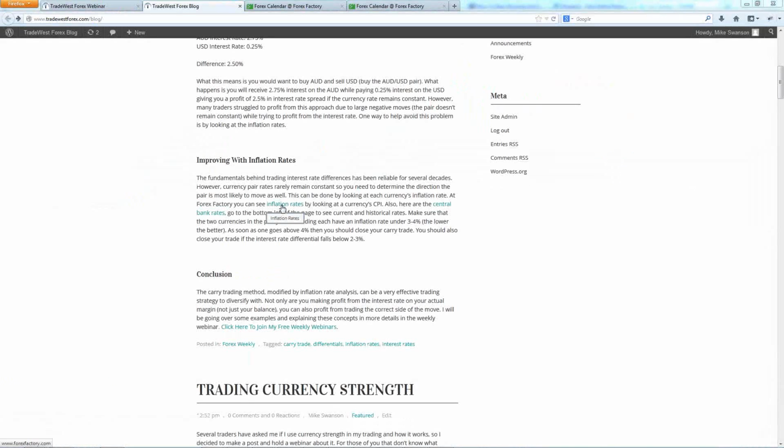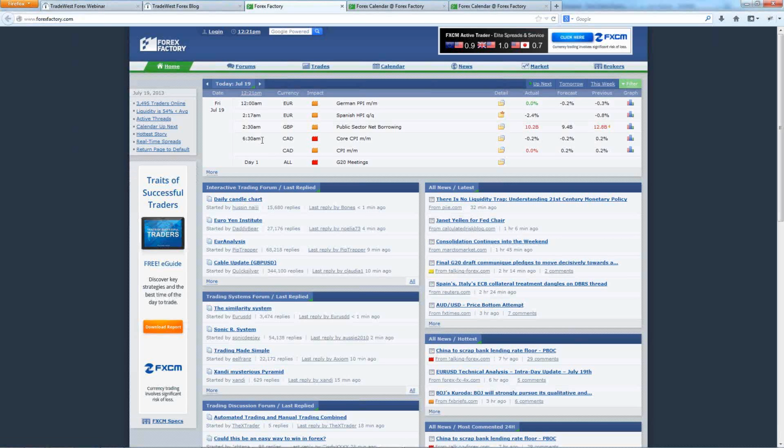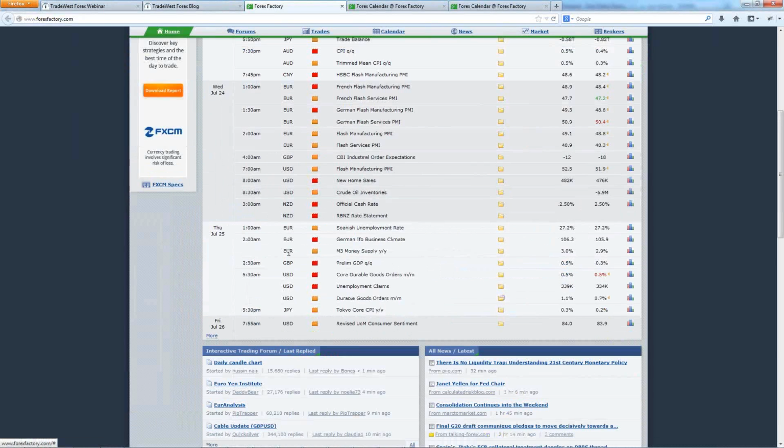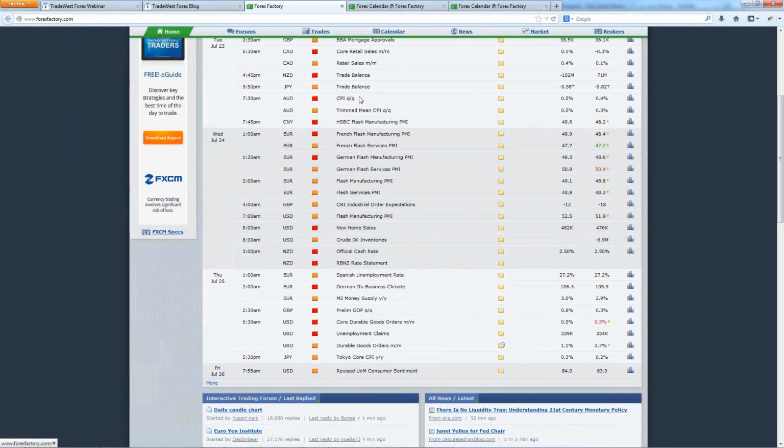Now, this isn't a direct link. I'm going to have to show you how to get to it, but you're going to want to look at the CPI. So if I click on inflation rates here, not always is there going to be a CPI for the week. You might have to hit more a couple of times until you find a CPI report for the currency you're looking for. But here for the Australian dollar, the CPI comes out every quarter.